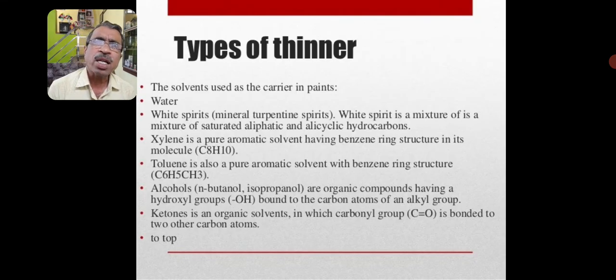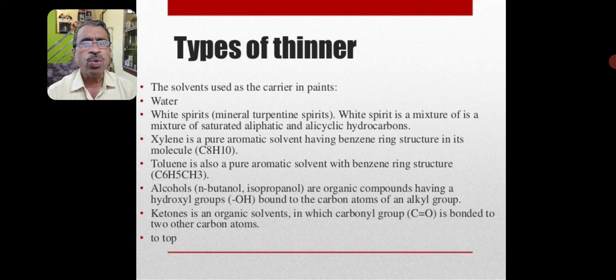The thinners that are used in the paints. The solvent used as the carrier in paint includes water and water spirit. Water spirit is a mixture of saturated aliphatic and alicyclic hydrocarbons. Xylene is a pure aromatic solvent having a benzene ring structure in its molecule.